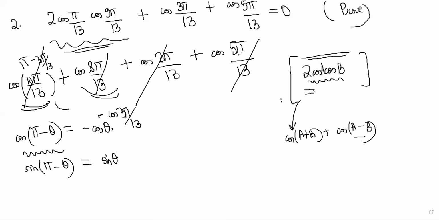And you didn't notice that 10 pi by 13 plus 3 pi by 13 will become pi only. The angles are supplementary, you saw, right? Then it is obvious, no? These are nice angles. You can express one of them in terms of the other.